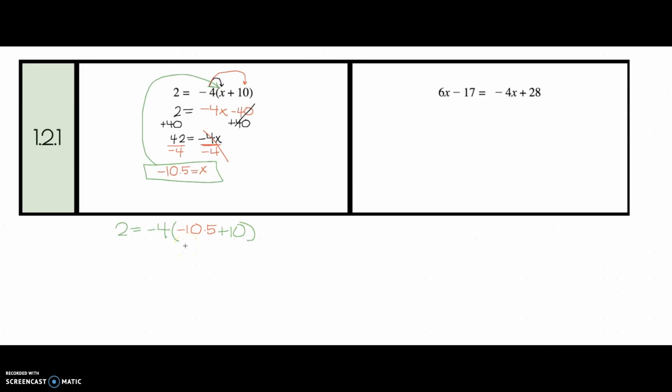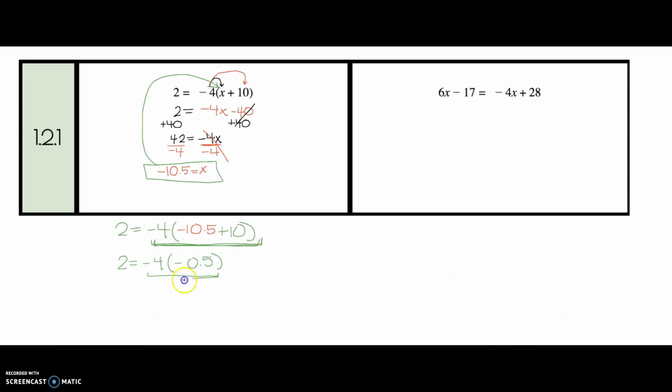Now I just need to simplify this. I can type this whole chunk into a calculator if I want, or I can also do that part in my head. So I have 2 equals -4. If I have -10.5 plus 10, then I have -0.5 left.